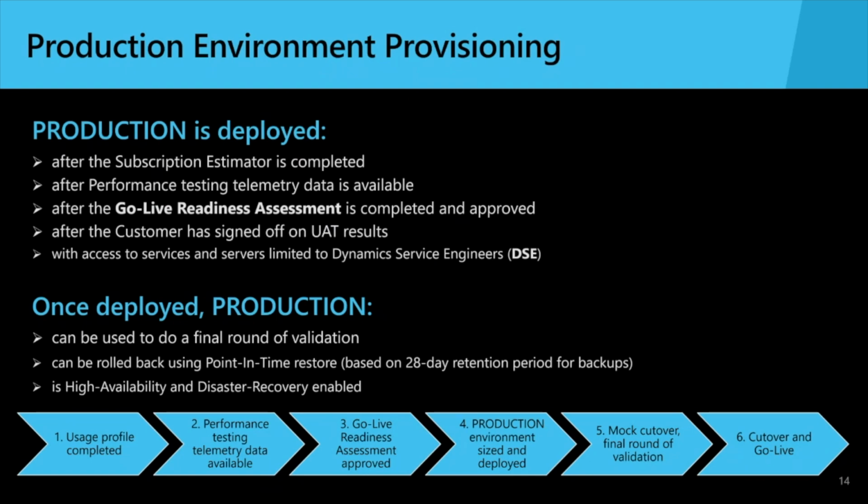Now, once your production environment is deployed, it can be used to do a final round of validation. We strongly recommend that you take the opportunity to get the production environment deployed and perform a mock cutover and do that final round of validation. However, we will draw a line and distinguish that from performing actual testing in the production environment.